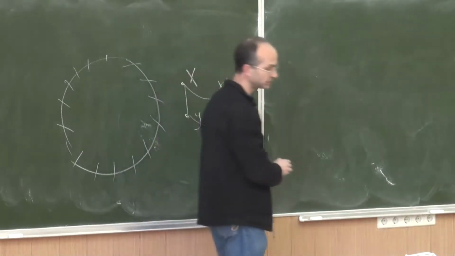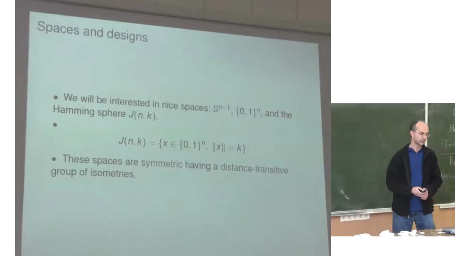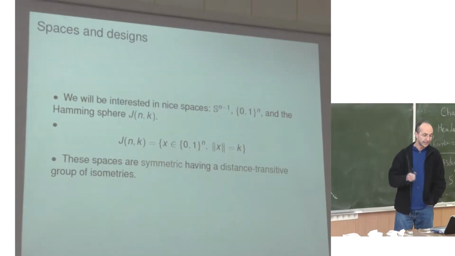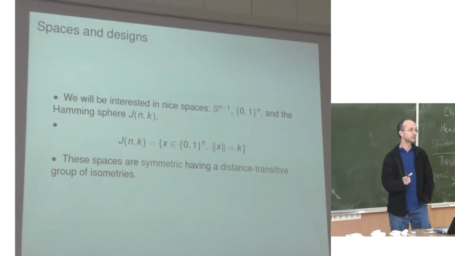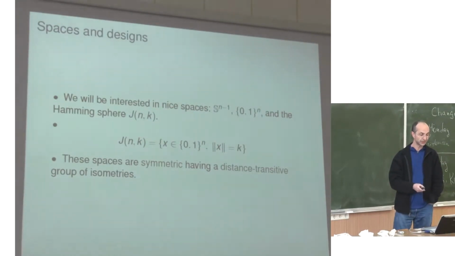This is distance transitivity. And of course we have it for the sphere: you can rotate any way we want. We have it for the cube, where the isometries are shifts and permutations of coordinates, and we have it for the Hamming sphere, where the isometries are given by permutations of coordinates.